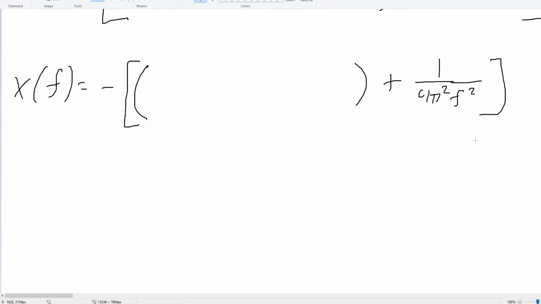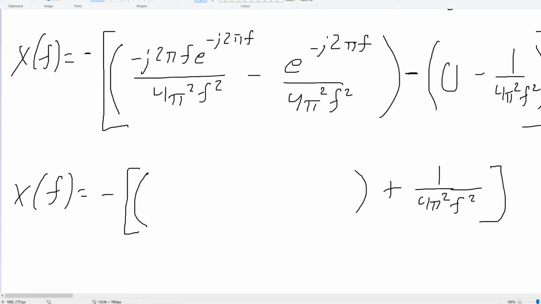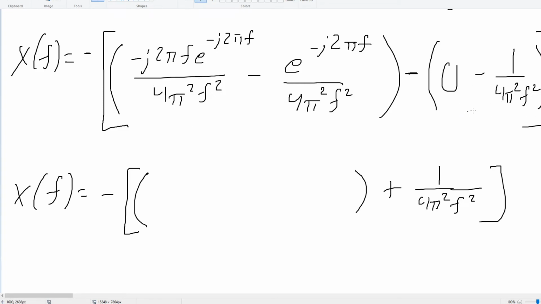So after you do that, then it's very simple from here. This is basically the answer. The only thing else we could do is just simplify right now. So we have a 1 over 4 pi squared f squared in every single term over here, in this one, and in this one. So I'm just going to take that out.